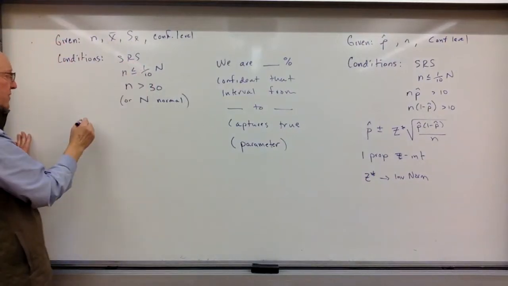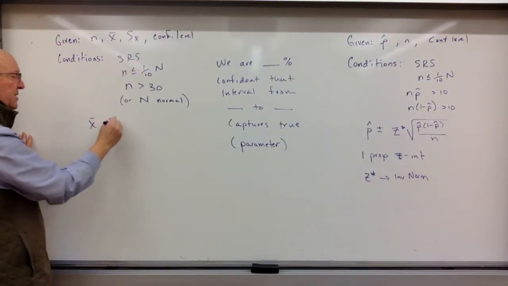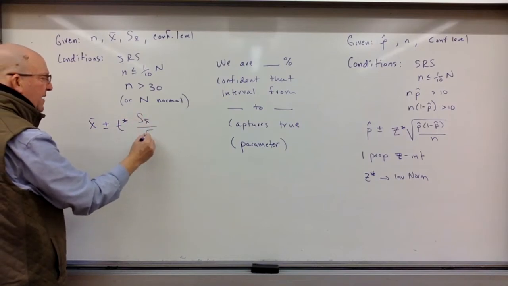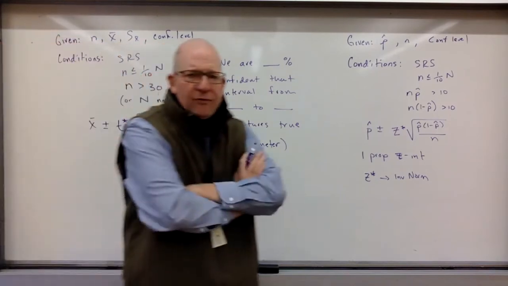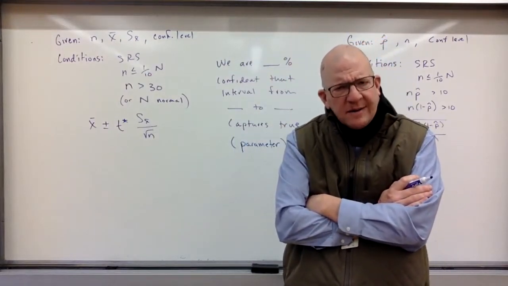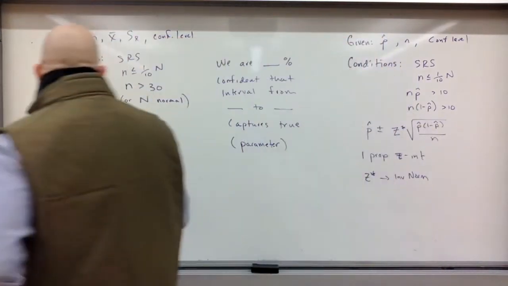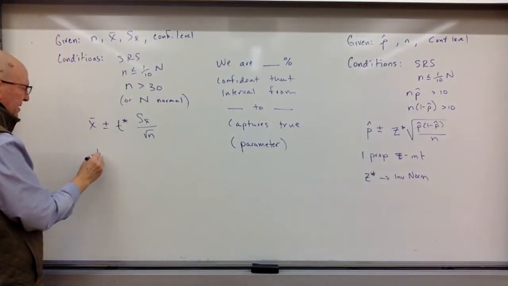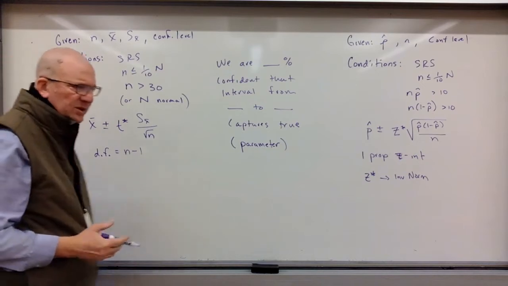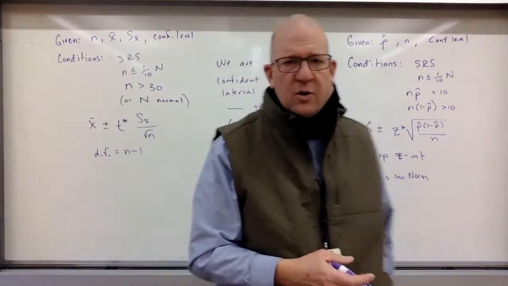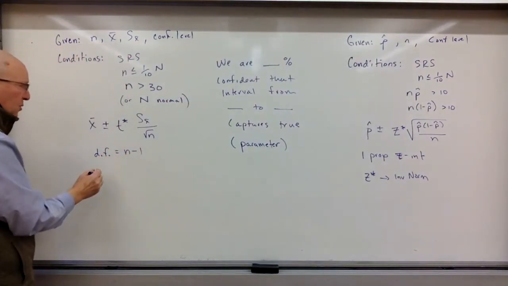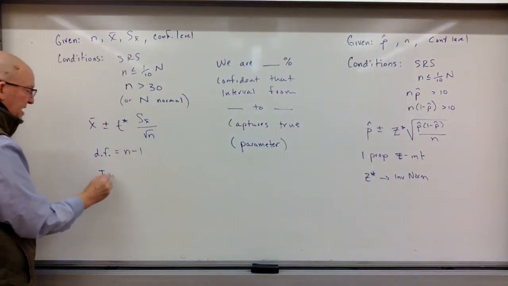Once these are all true, we then set up our interval, x bar plus or minus t star times s of x bar over root n. Okay, so far everything was normal here except t star? And then we have this degrees of freedom, which equals n minus 1. So let's talk about that a little bit and what's going on here. Because once we do this, right, we then use something called a t interval.